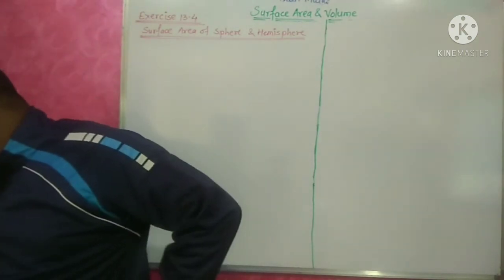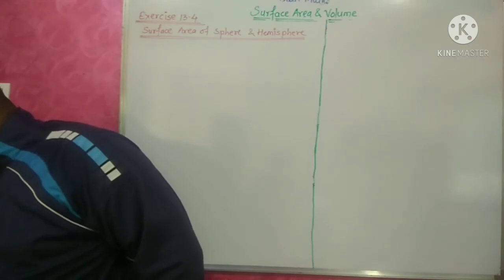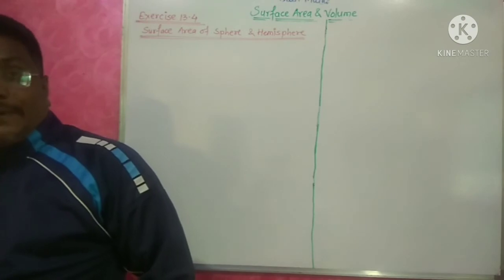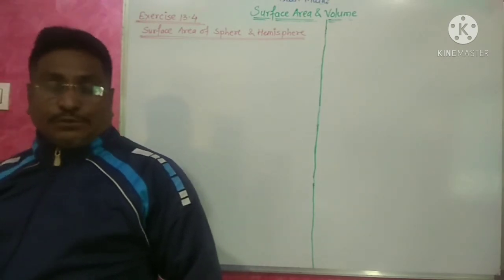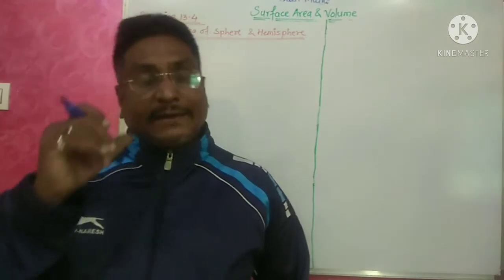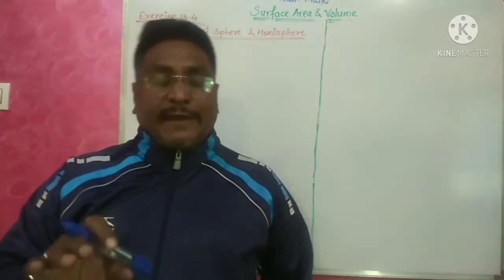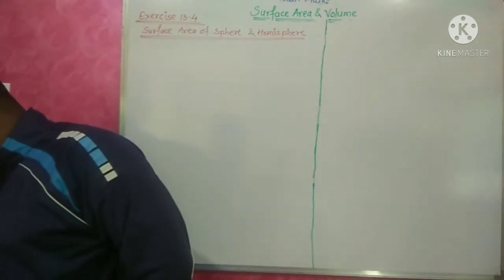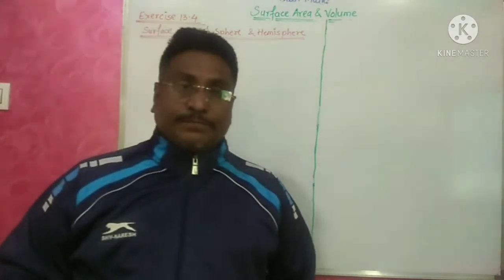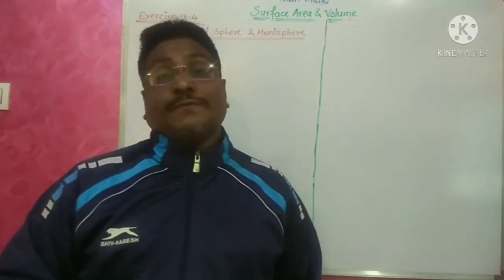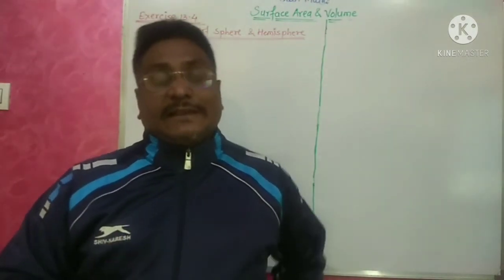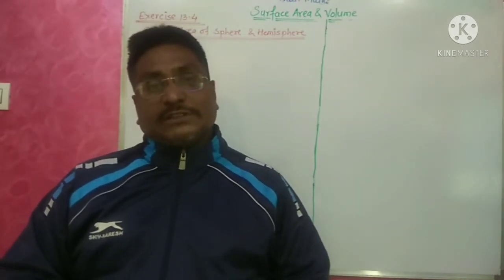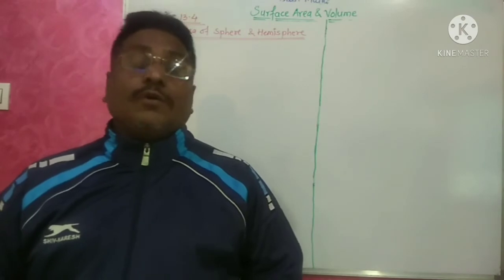In question number 1, radius is given and you have to find the surface area of sphere. Formula you have to write: 4 pi r square. Substitute the value of r and find the answer. Same way, in the second question, diameter is given. So from the diameter, first find the radius and then find the surface area of sphere. So both questions I am giving for homework.